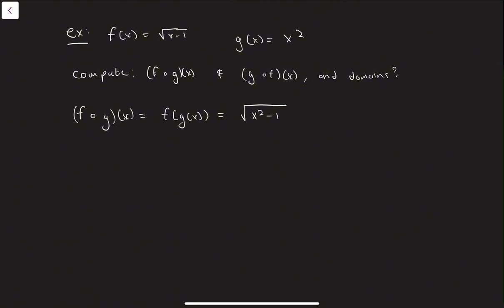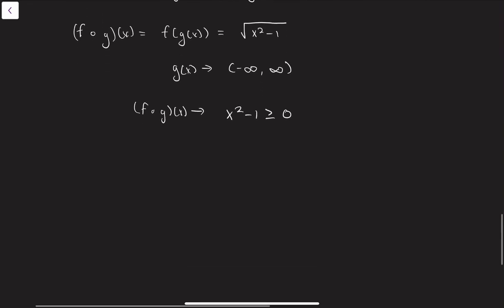First, to compute the domain, we see that g of x has a domain of all real numbers, so there's no restriction on g of x. On our final function, f of g of x, we must have x squared minus 1 greater than or equal to 0, since it's under a square root.